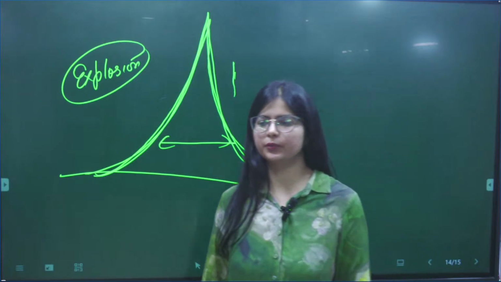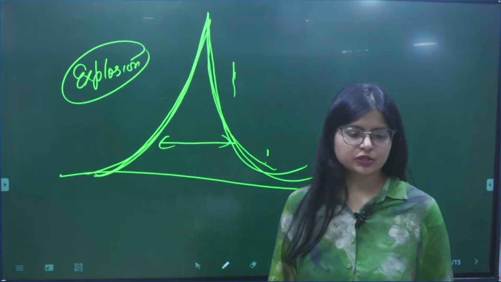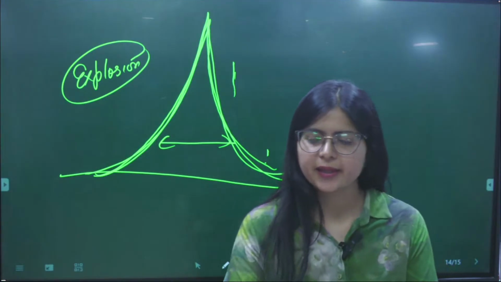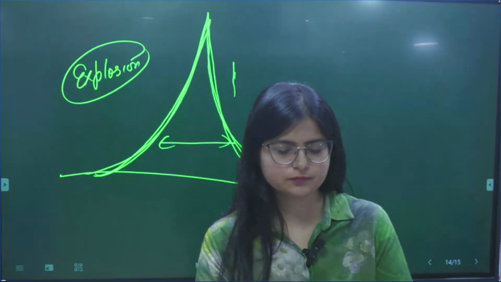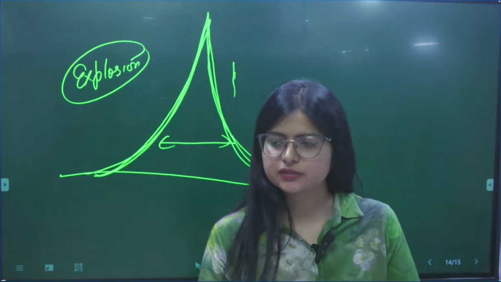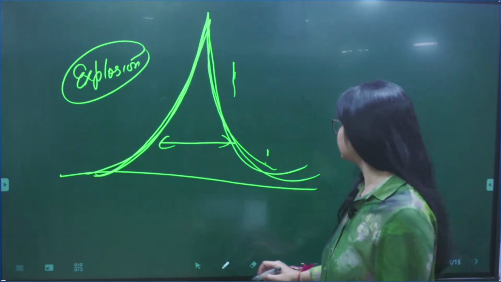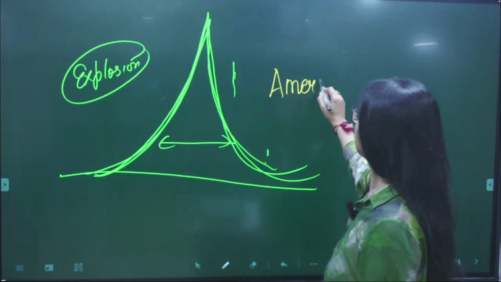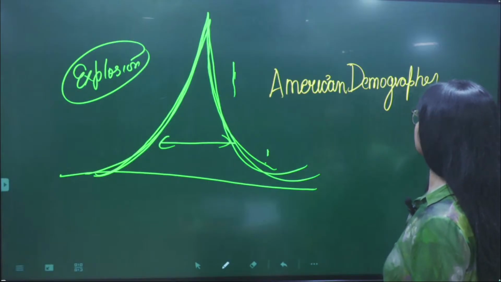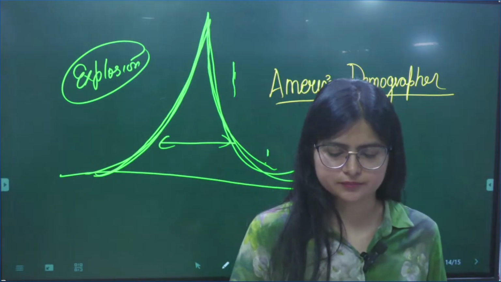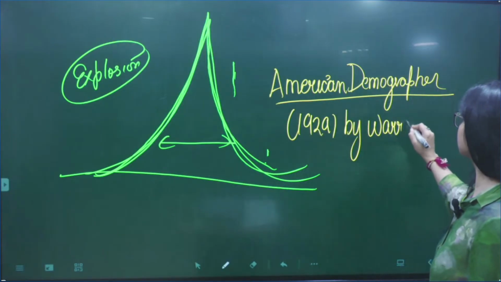Write down the history of the theory. The theory is based on an interpretation of demographic history developed in 1929 by the American demographer Warren Thompson.